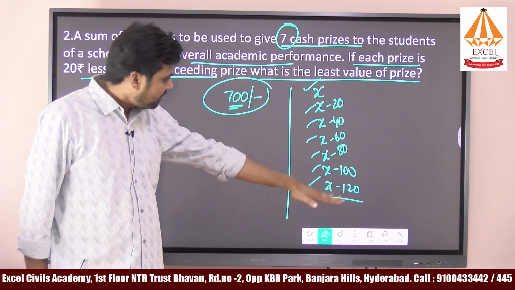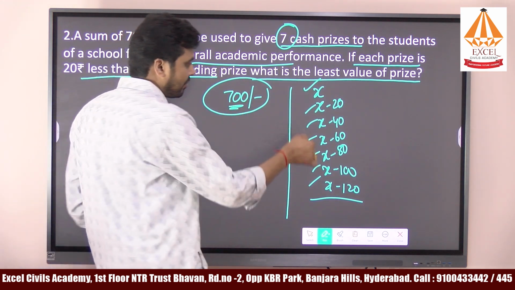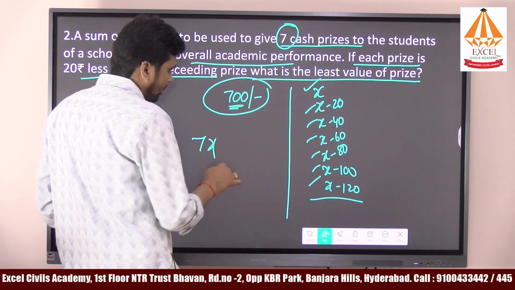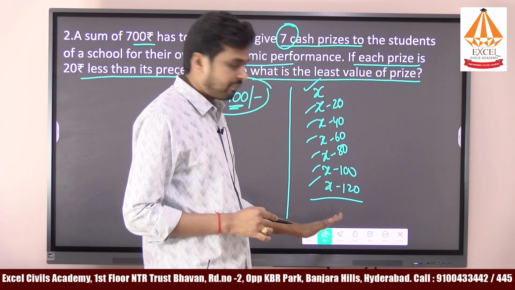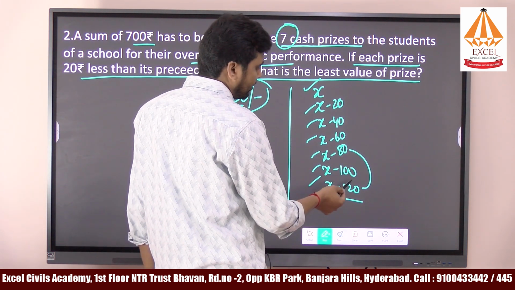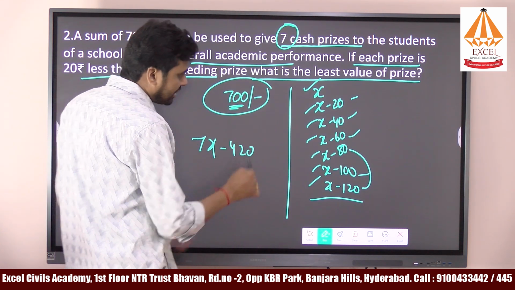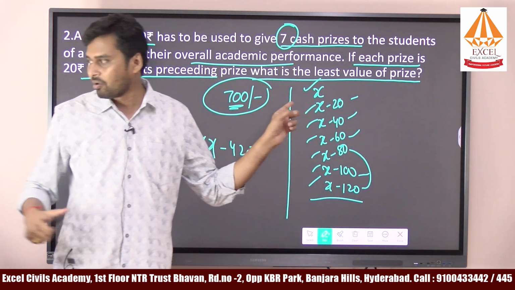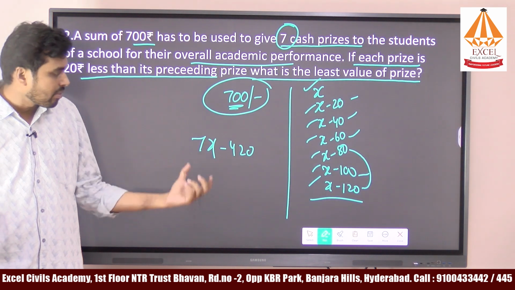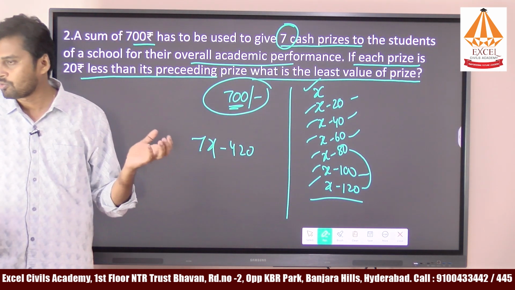This total value is equal to 700. Now you add it. So how many x? There are 7x. We also add the subtracted values: 20, 40, 60, 80, 100, 120, which total 420. If you add all the expressions, we get 7x minus 420.